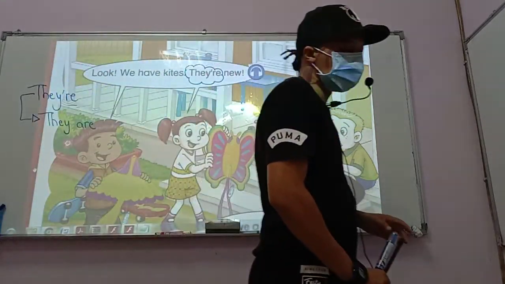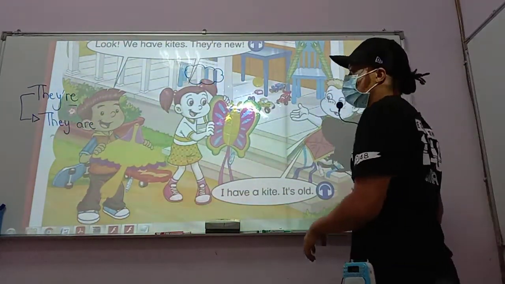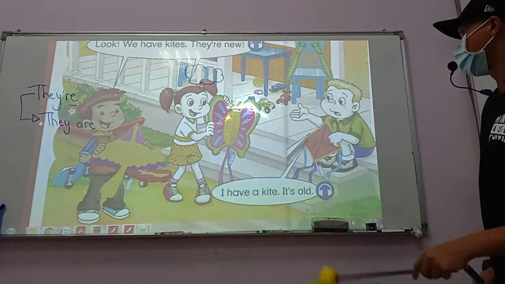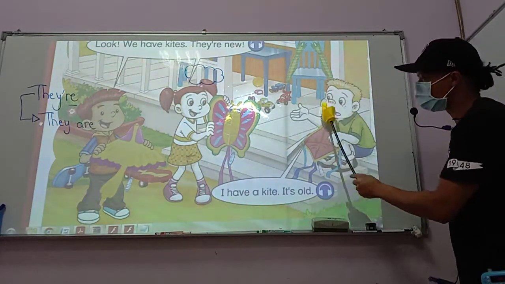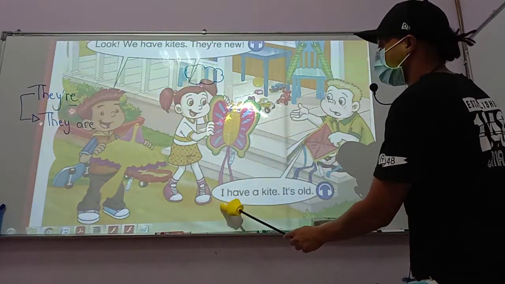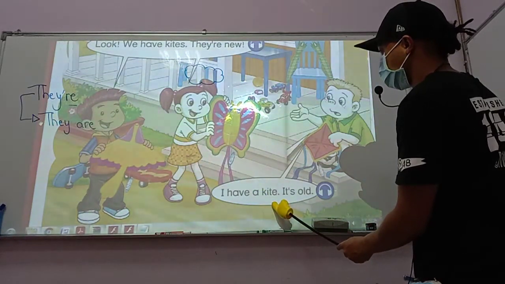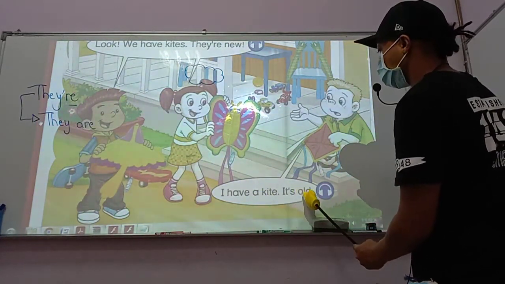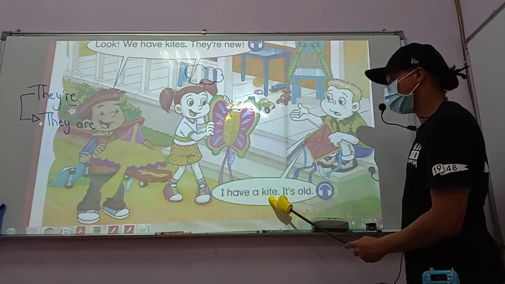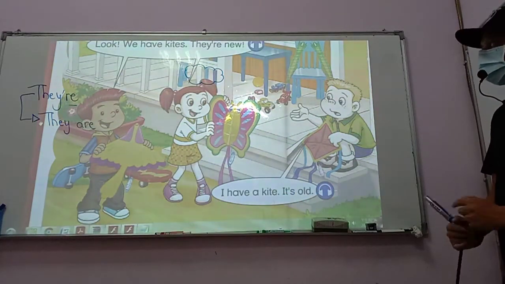Okay, let's go to the bottom of our page and we're going to have a look at the second sentence. So we know here this is all Sammy Sam. So let's see what Sam has to say. He says, I have a kite. It's old. Okay?